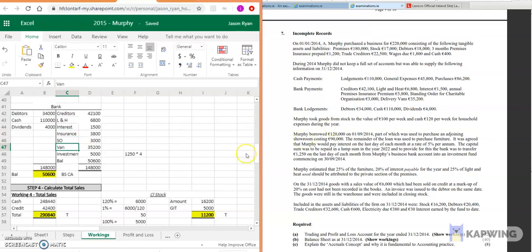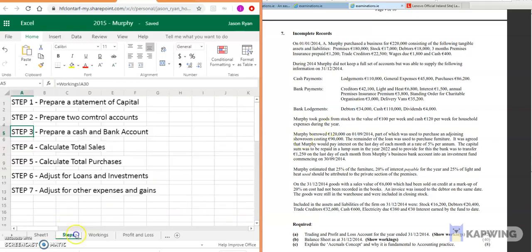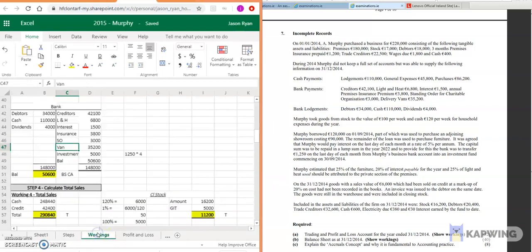Have a look in the question, because remember we have an adjustment here later on that says at step 6, adjust for loans and interest, or loans and investments. So have a look in the question to see do we have any investments. So down here we will see that the capital sum was repaid in a lump sum in the year 2022, and to provide for this the bank was to transfer 1,250 on the last day of each month from Murphy's business bank account into an investment fund.